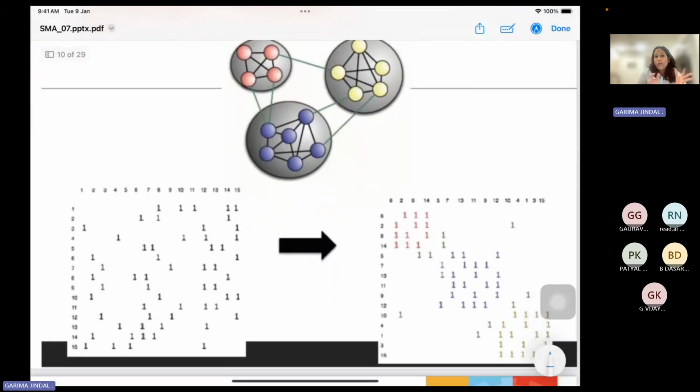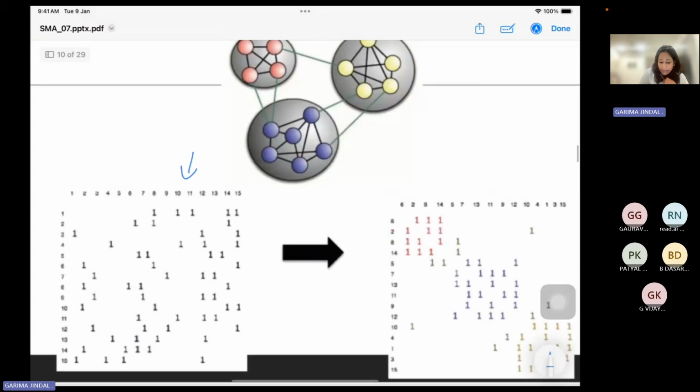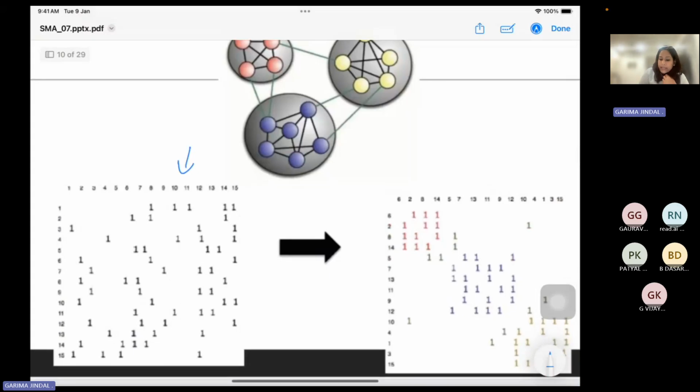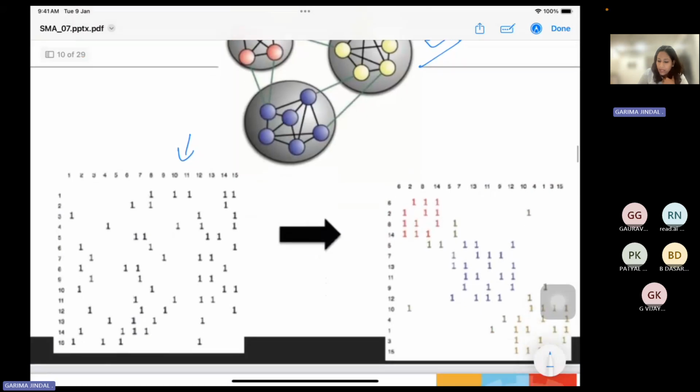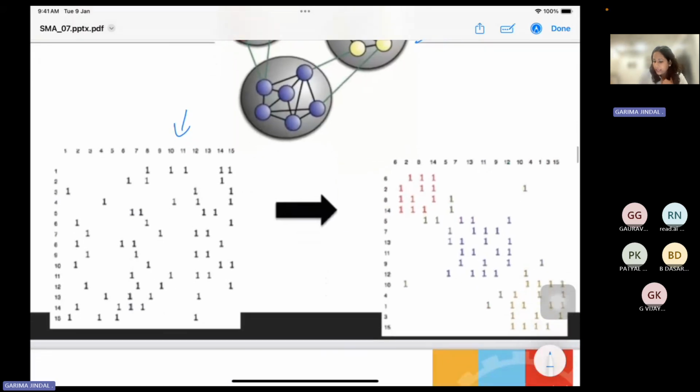Okay. So basically, what we have to do in community detection, suppose I have an adjacency matrix like this. So this is the adjacency matrix for this particular network. Okay, so now I need to form the groups in the adjacency matrix. This is called a diagonal block matrix.